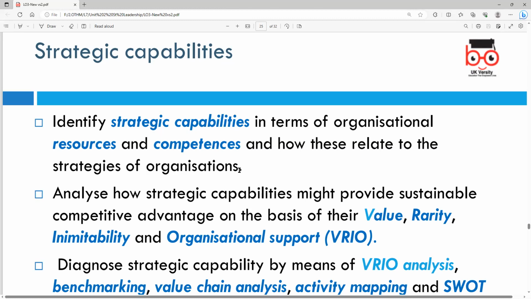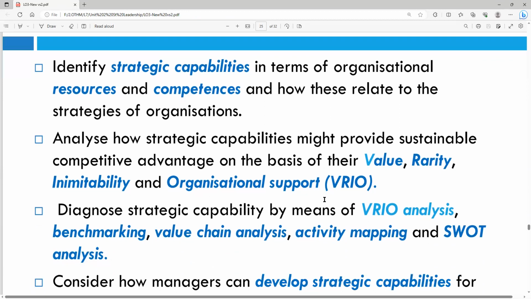So we need to look at the resources that we have, whether we are capable or not of achieving the organizational objectives. Okay, we can look at the strategic capabilities in terms of the VRIO model: value, rarity, imitability, and organizational support.